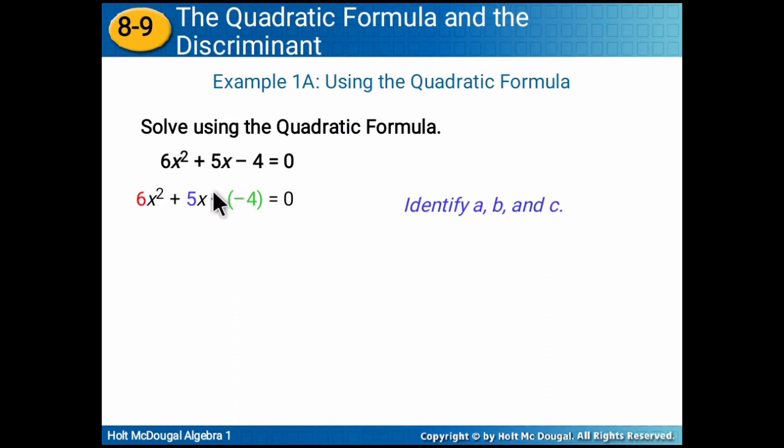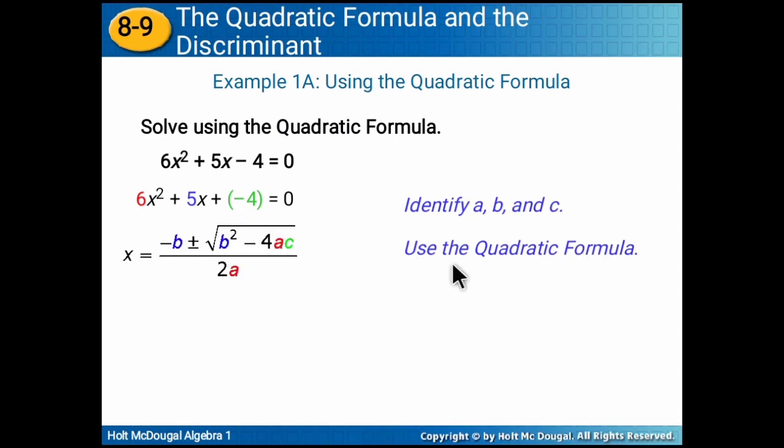Even if you remove this plus, it's the same. Use the quadratic formula: negative b plus or minus the square root of the discriminant b squared minus 4ac, all divided by 2 times a, or 2a. Substitute 6 for a, 5 for b, and negative 4 for c.